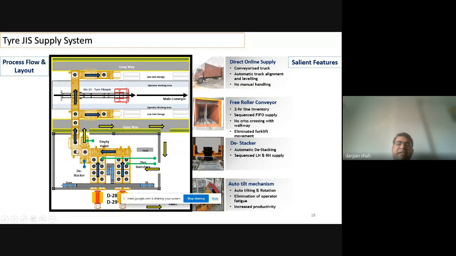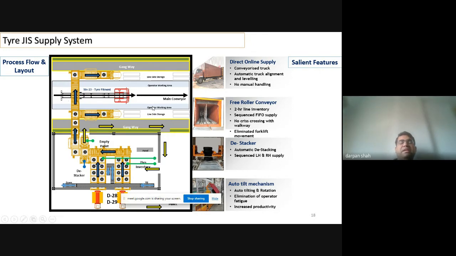There is a sophisticated program logic built into the system. As required, the tire is picked and supplied onto the left hand side and right hand side of the assembly line through an overhead bridge, then dropped down through equipment, and used to fit onto this particular truck.